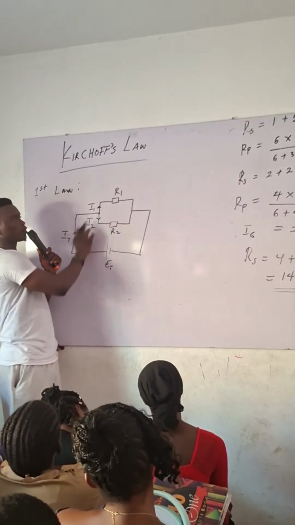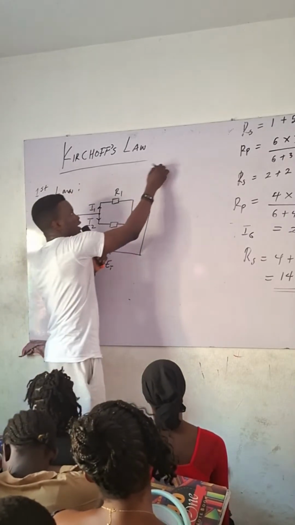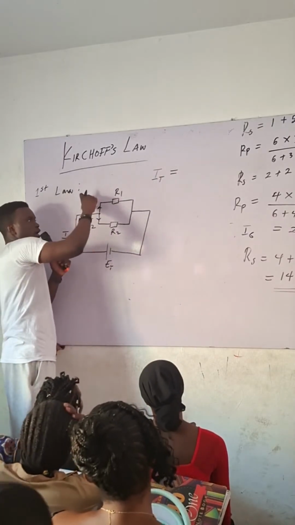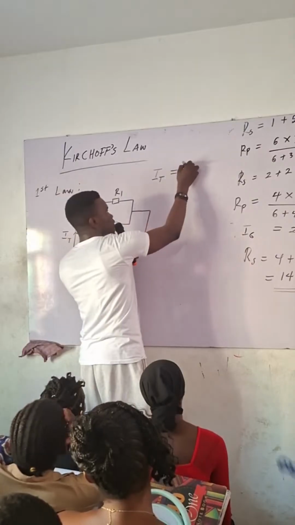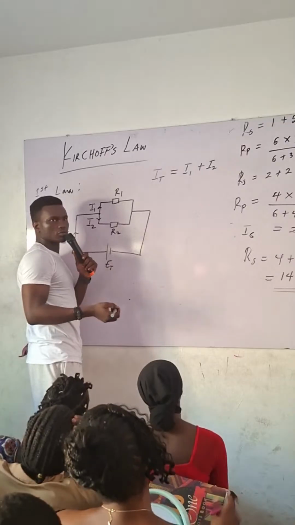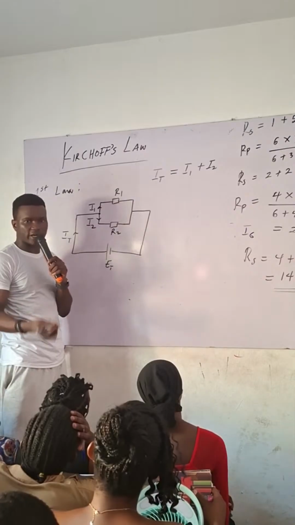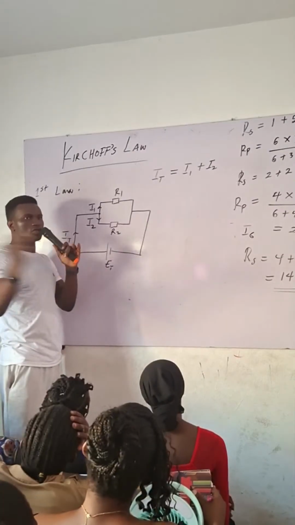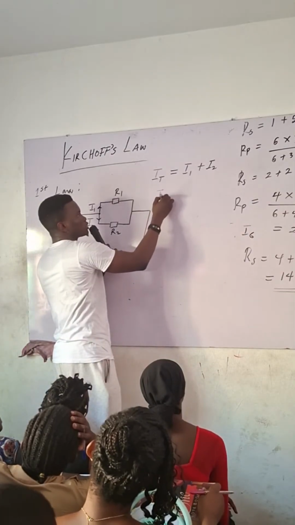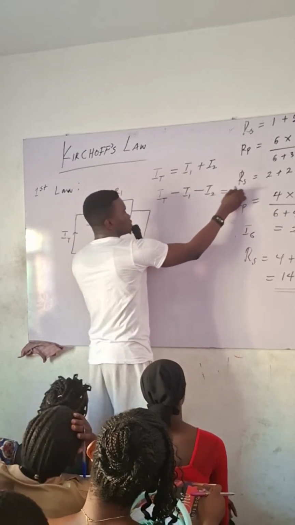From here now, what's the current entering this junction? I total. Abi? So I total will be equal to, what are the currents leaving the junction? I1 and I2, so I1 plus I2. Better still, the one entering the junction, you can give it a positive value, while the one leaving the junction, you can give it a negative value. So they can say that I total minus I1 minus I2 is equal to 0.